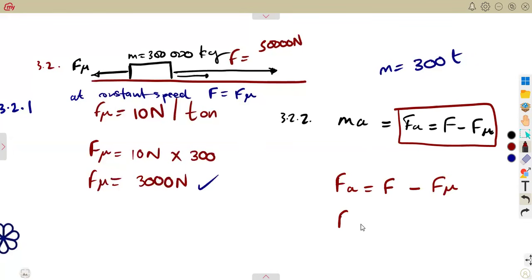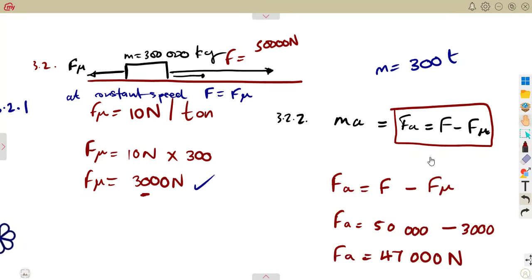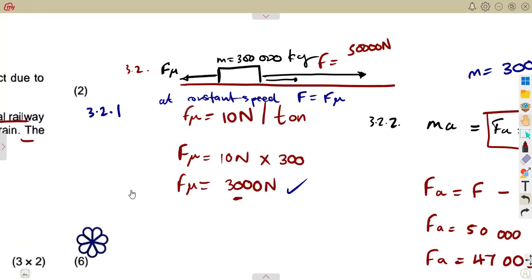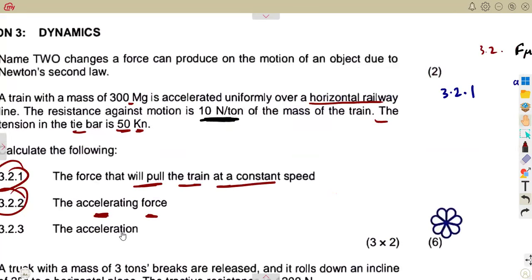That means our accelerating force is going to be 50,000, 50 kilonewtons, minus, remember, we calculated the frictional force, which is 3,000 Newton. So there we have our difference, which is 47,000 Newton. Having the frictional force, we can also calculate the acceleration.